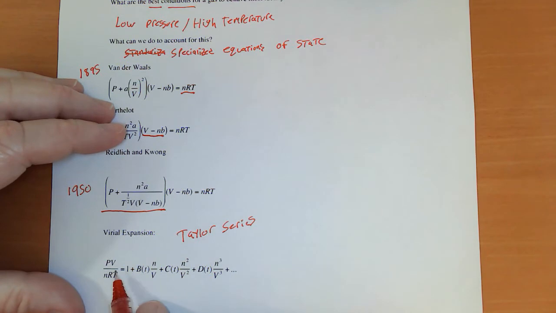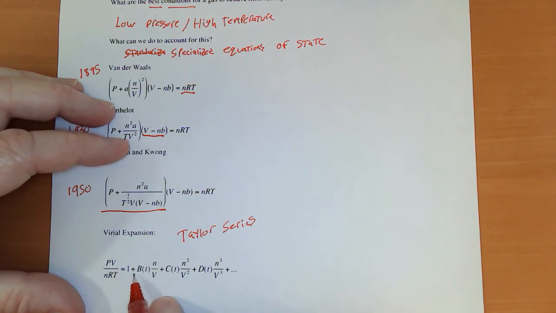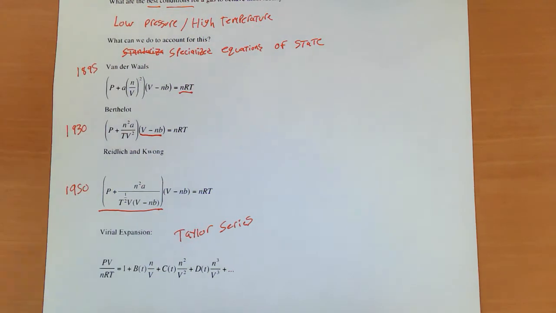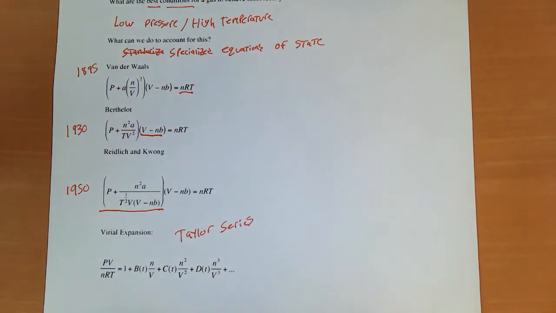Okay, so PV over nRT equals 1 plus a correction factor plus another correction factor plus yet another correction factor. And we keep adding on all these correction factors until we get as close as possible to the right answer, but it's never going to be perfect. And that's important to understand.